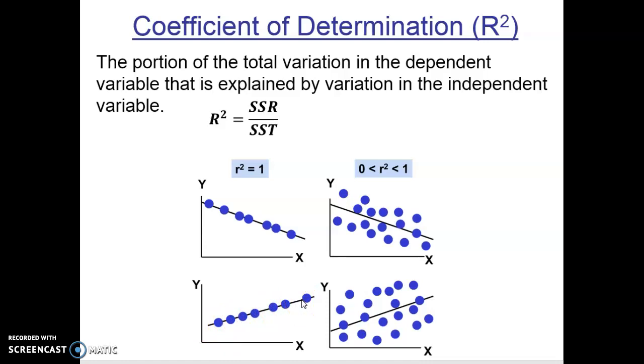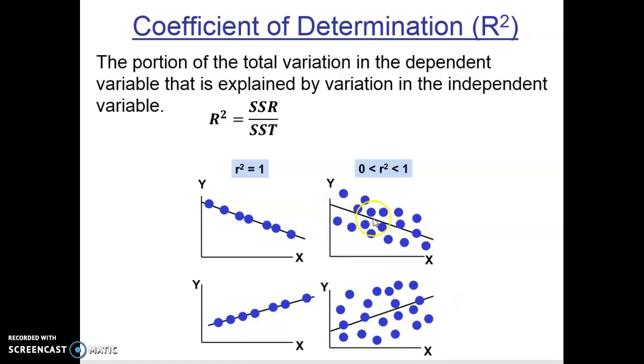That has no bearing on the R squared, because the R squared is simply telling us how closely our actual data fits the trend line. An R squared of 1 is unlikely. What's more likely is an R squared between 0 and 1. And these two illustrations demonstrate how R squareds can differ.